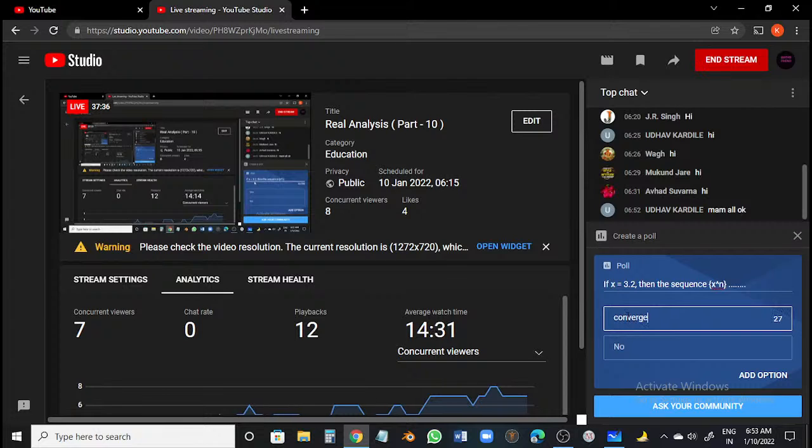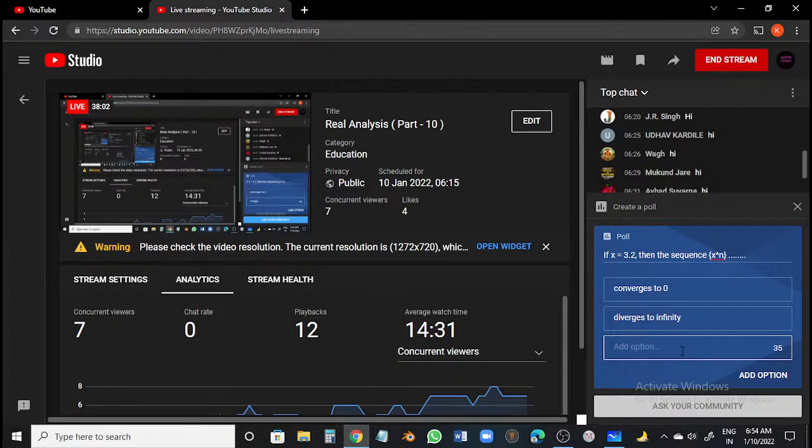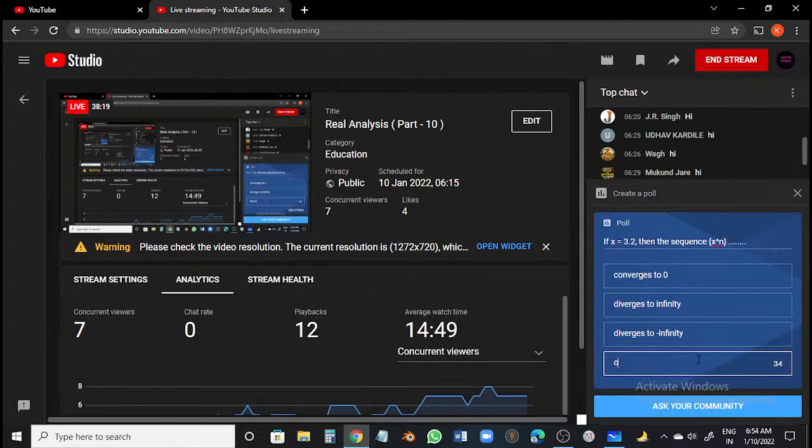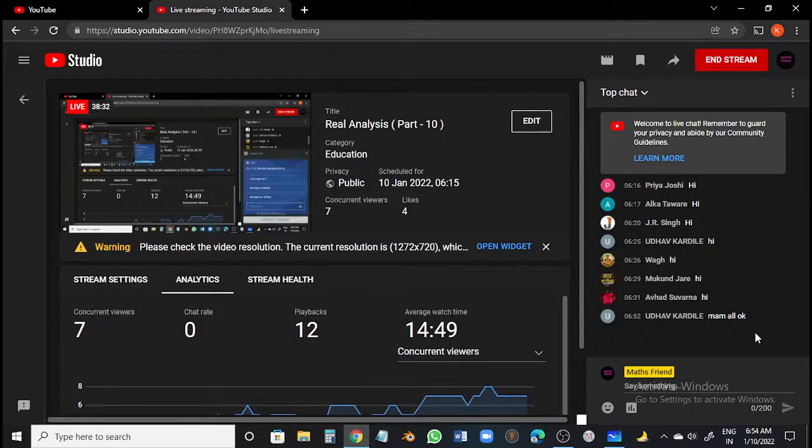Options are converges to 0, diverges to infinity, diverges to minus infinity, oscillates. Poll has started.